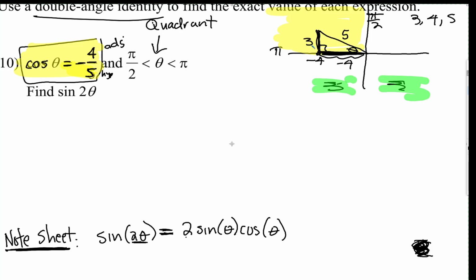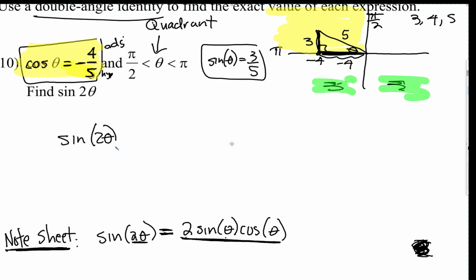So now, what is sine theta? Sine theta is 3 over 5. Well, according to the identity, we only need to know sine and cosine. If we double that angle, let's pretend for a second it's 91 degrees.